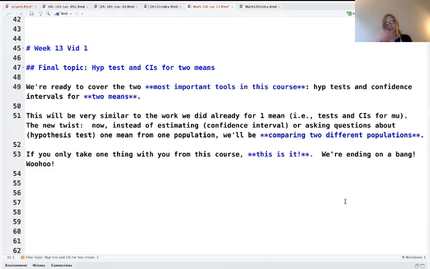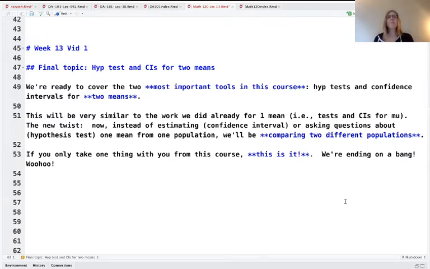We're coming up on the end of the semester, and I want to finish on the number one most important technique that we cover here at Math 120. It's a hypothesis test and a confidence interval for two different means from two different populations.